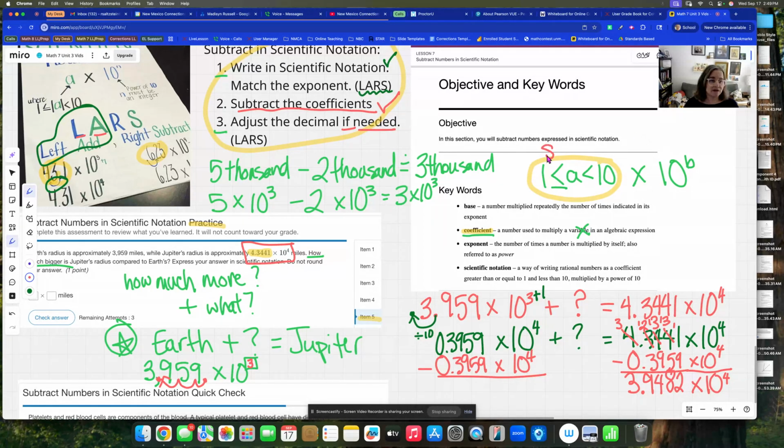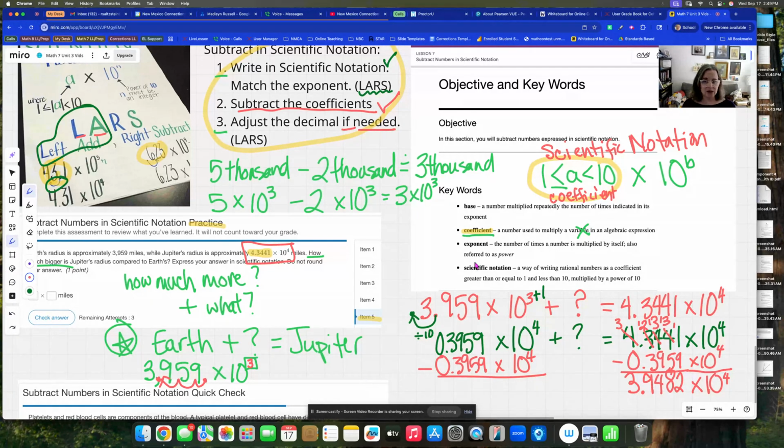So remember that in scientific notation, this coefficient needs to be a 1, 2, 3, 4, 5, 6, 7, 8, 9. Okay, and decimals in between are fine. And it is. Okay, I've only got one digit to the left of the decimal, so I'm good to go there. I don't have to do another large adjustment.